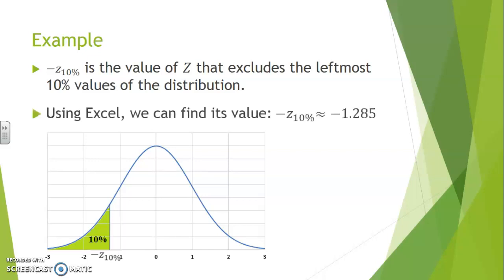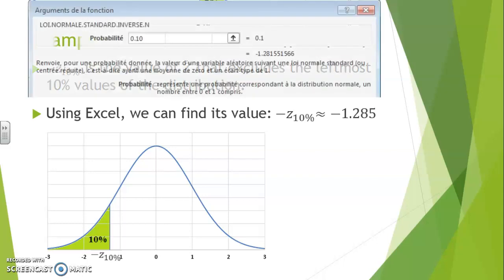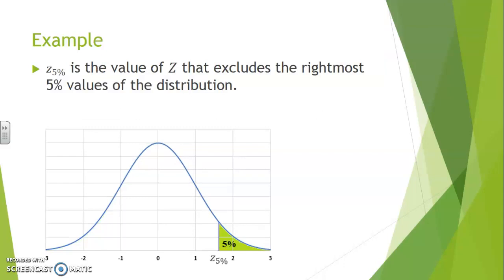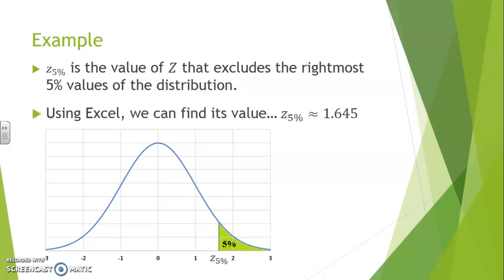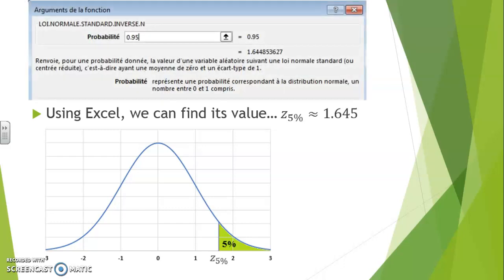We can use Excel to find the value of this corresponding number. z 5%, because it's a positive entry, will give you the value of z that excludes the rightmost 5% of the distribution. Once again, Excel will tell you that z 5% is 1.645. Now observe how in Excel I've entered 95% for the probability, because 5% being excluded at the right extremity means 95% of the area is left of z.